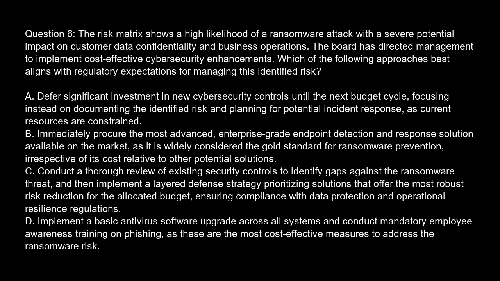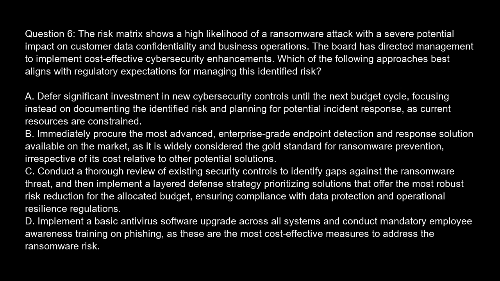Option B. Immediately procure the most advanced, enterprise-grade endpoint detection and response solution available on the market, as it is widely considered the gold standard for ransomware prevention, irrespective of its cost relative to other potential solutions.